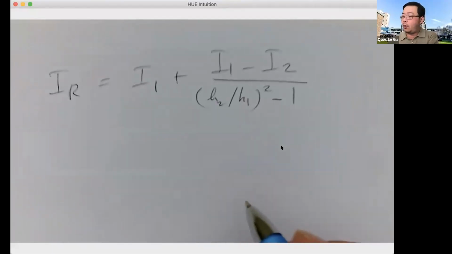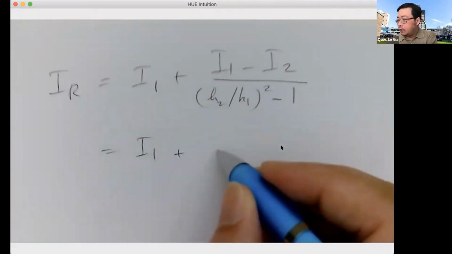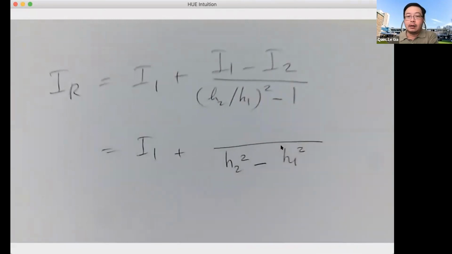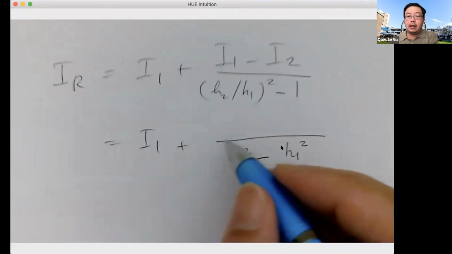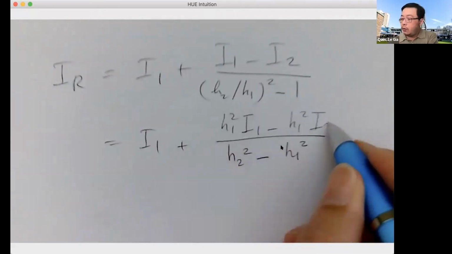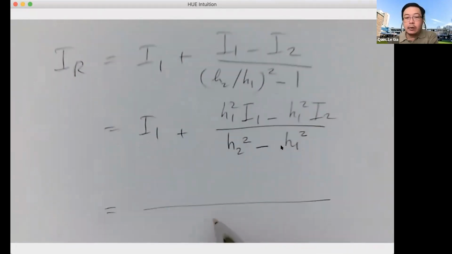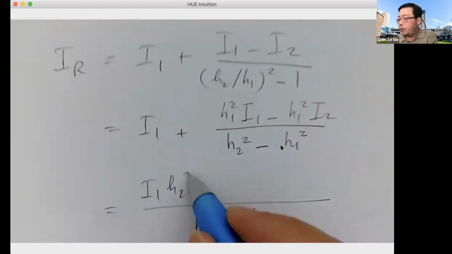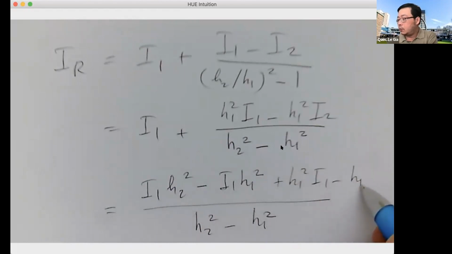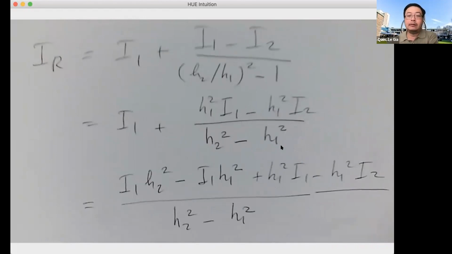Now I multiply by h1 squared, so I have h2 squared minus h1 squared in the denominator, and in the numerator I1 h1 squared minus h1 squared I2. Making the same denominator, I get I1 h2 squared minus I1 h1 squared plus h1 squared I1 minus h1 squared I2, and one term cancels.